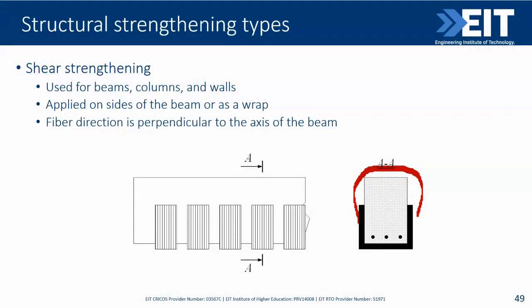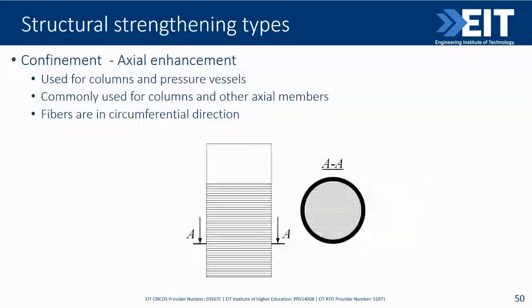The fibers in this case are oriented perpendicular to the axis. The axial enhancement is done by providing a confinement around the compressed member.